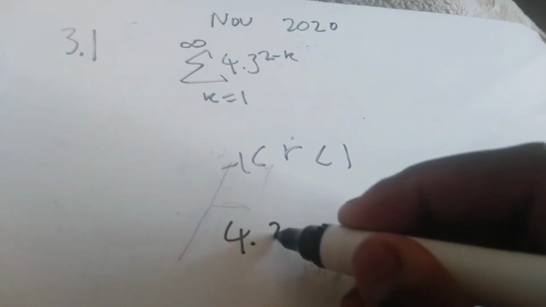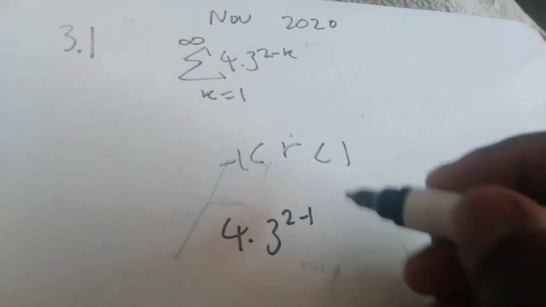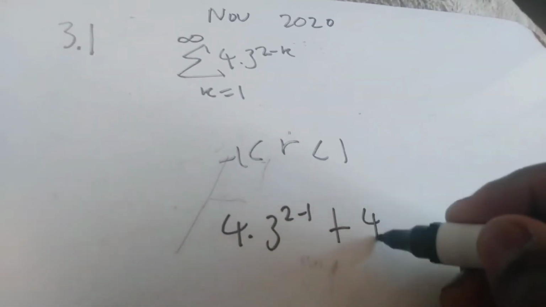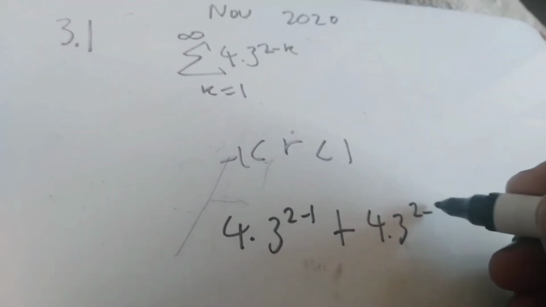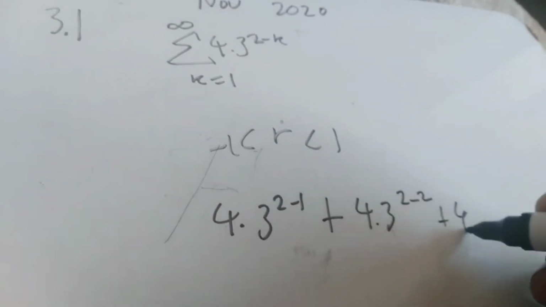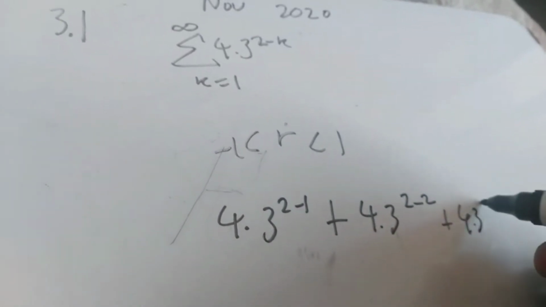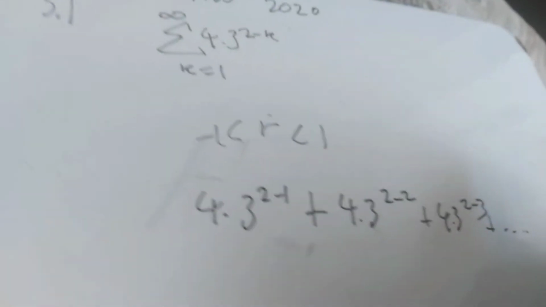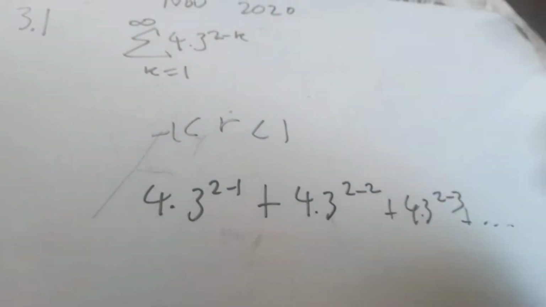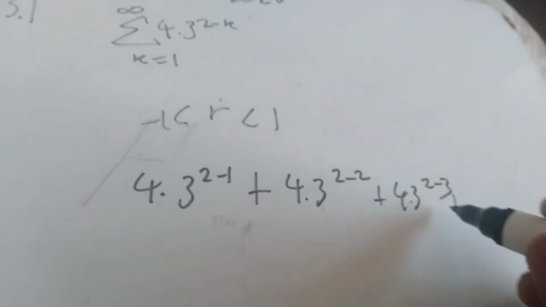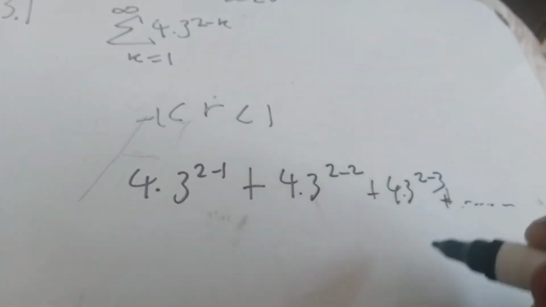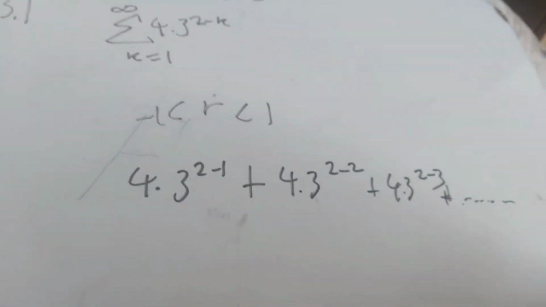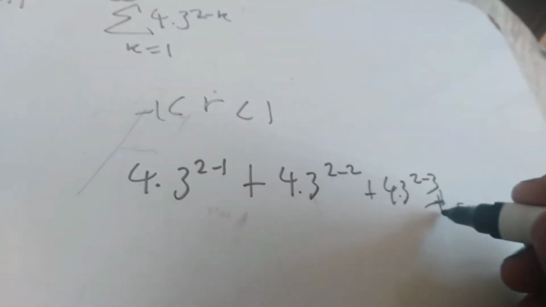So it's going to be 4 times 3 to the power of 2 minus 1, plus 4 times 3 to the power of 2 minus 2, plus 4 times 3 to the power of 2 minus 3, plus ... Well, the last value is infinity, so it continues, right? So we just leave it like that. If you see a sequence continuing like that, it just means it continues infinitely. There is no end to it.